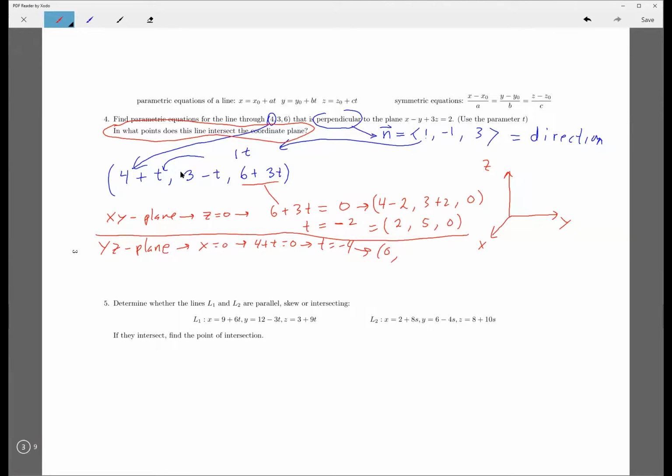And then this is going to be 3 plus 4. And then this last one's going to be 6 minus, if you put in a negative 4 here, that's going to be minus 12. So that's 0, 7, and negative 6. Okay, so 0, 7, negative 6.